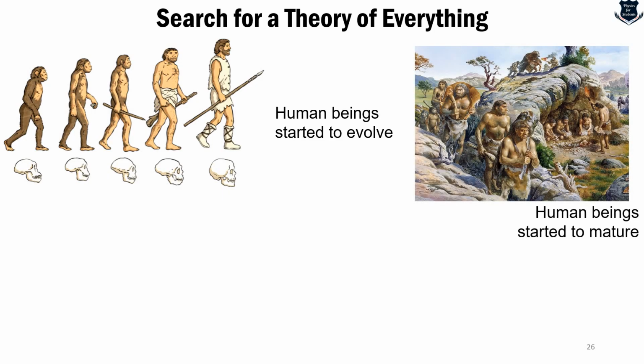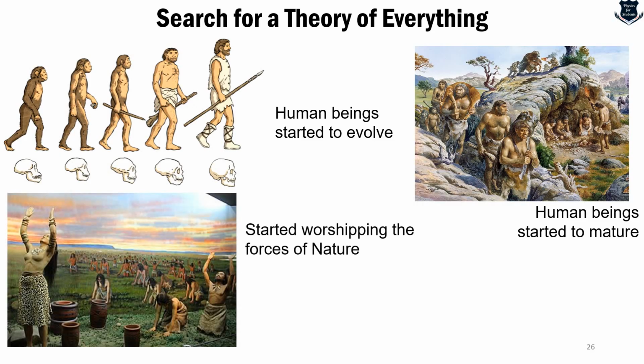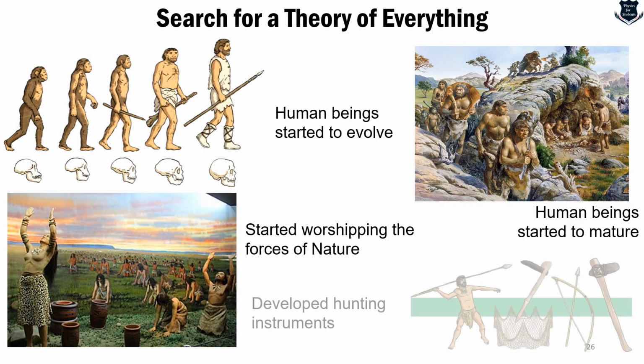As we evolved, human beings started to mature, and we first used to worship the forces of nature, which is rainfall, cloud, lightning and so on. Then we developed hunting instruments, and as we matured, we became more aware of how things should be taken care of in our livelihood.